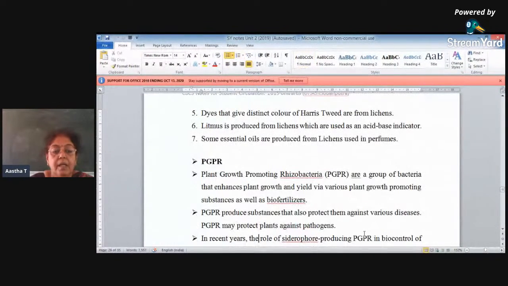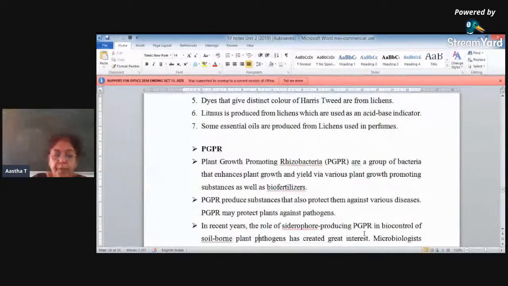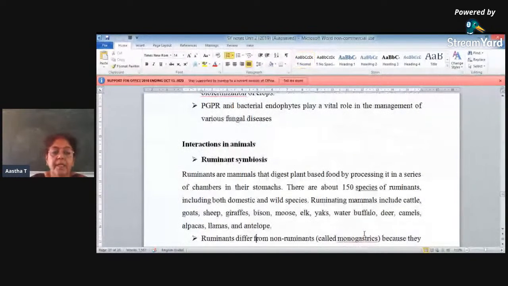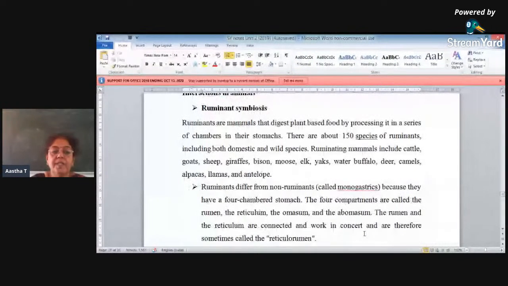Then the last one we have seen is PGPR, plant growth promoting rhizobacteria. These are a group of bacteria which enhance the growth of the plants either by providing nutrients or by inhibiting the growth of phytopathogens. So these were the interactions in plants. Then in interactions in animals, we have seen ruminant symbiosis.